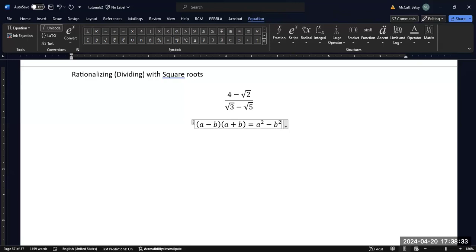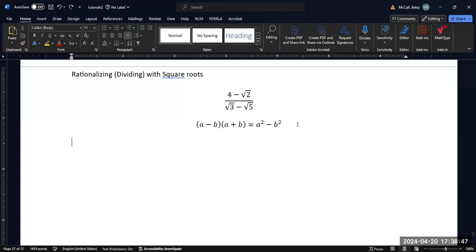So again, we're not going to be able to do this for both the numerator and the denominator simultaneously. So typically we focus on the denominator when we're working with nice whole numbers and not variables.